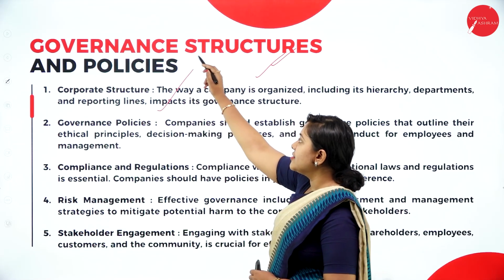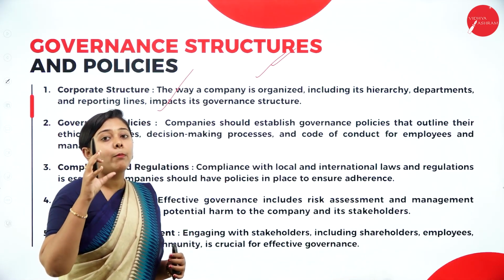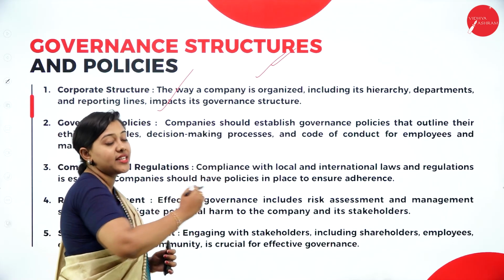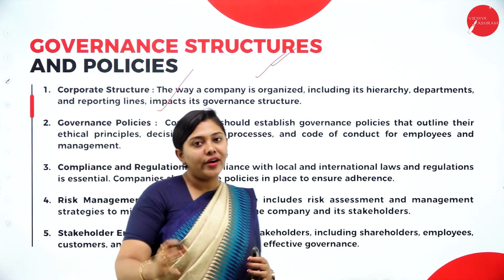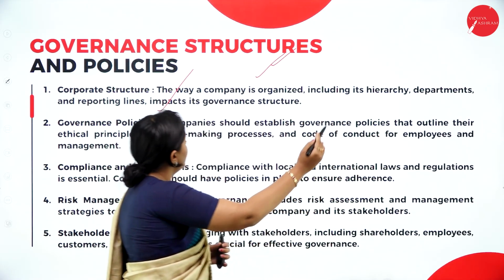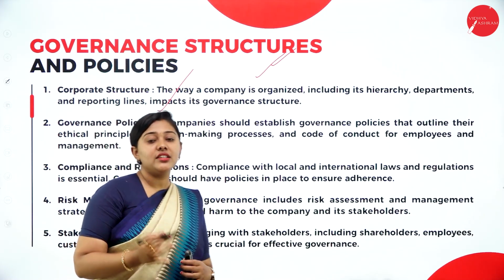So the first thing is corporate structure. What do they have to do? They have to develop a proper corporate structure. The way a company is organized, as I have told you, organized is nothing but putting things in order, including its hierarchy, departments, reporting lines, is the governance structure.